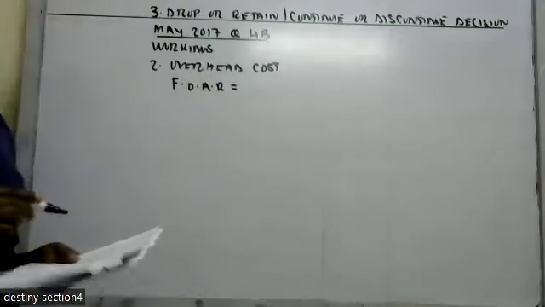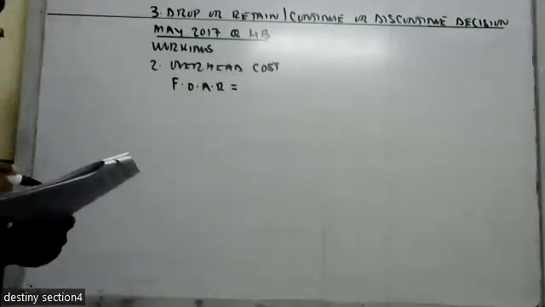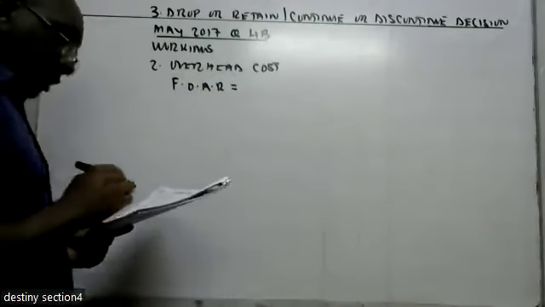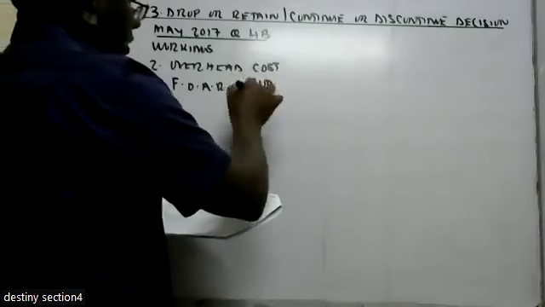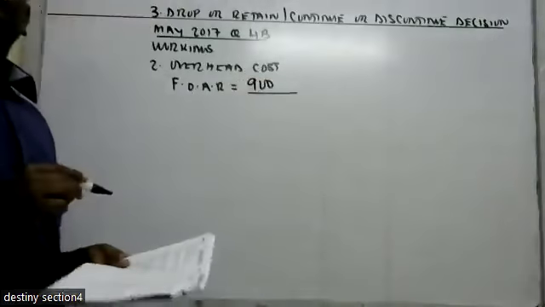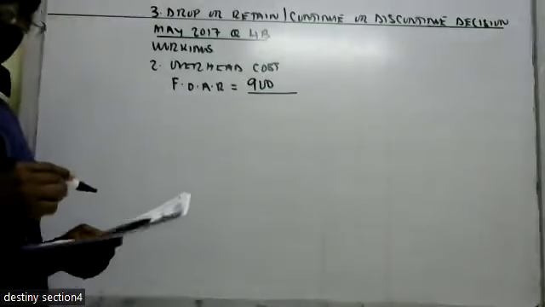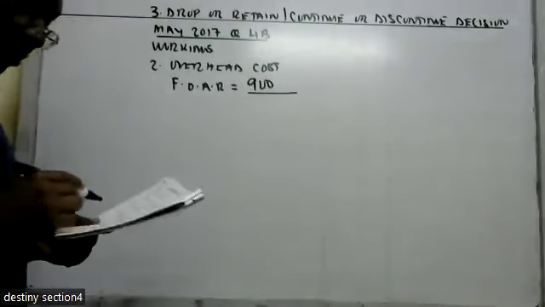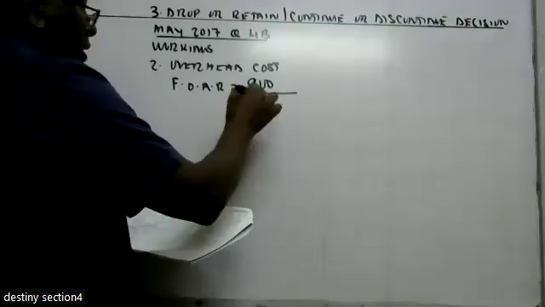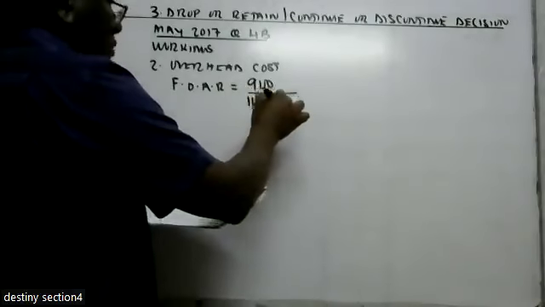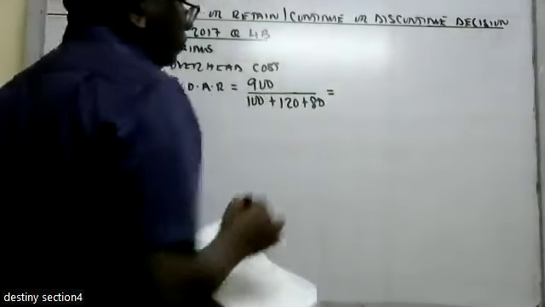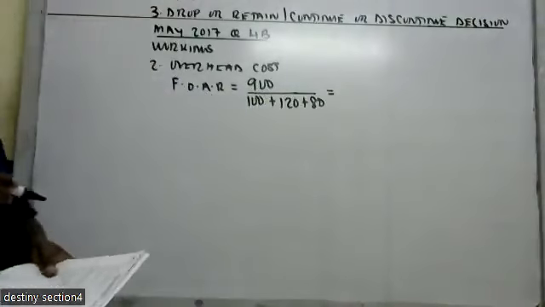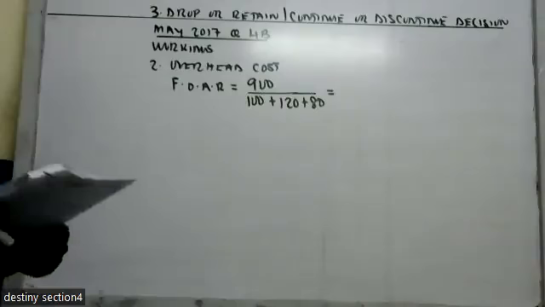So the fixed overhead absorption rate is the amount is 900,000. Now this 900,000 is being shared on a number of units. So this is 100 plus 120 plus 80. That is the base. So ndio tujue the OER.